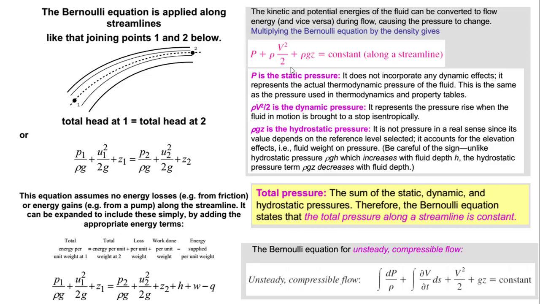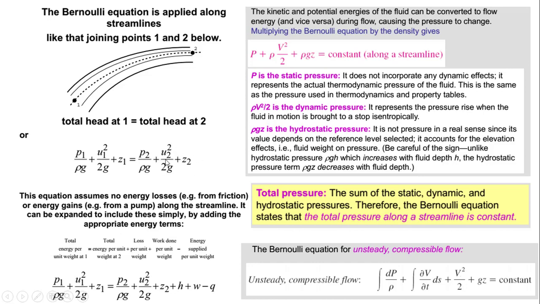The assumption that the density is constant. Then the other assumption is what? Yes, steady flow. Other assumption is what? Yes, one-dimensional flow. So here, even if we say U1 and U2, it's still one-dimensional flow because we are looking in the U direction.